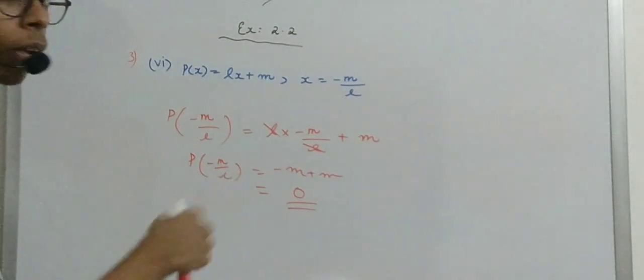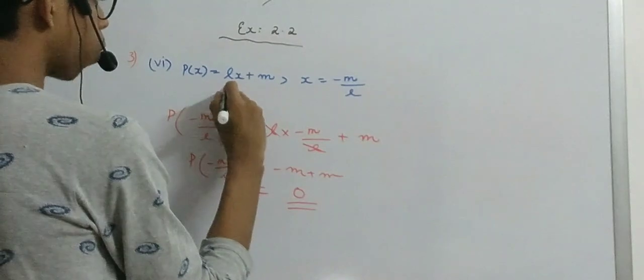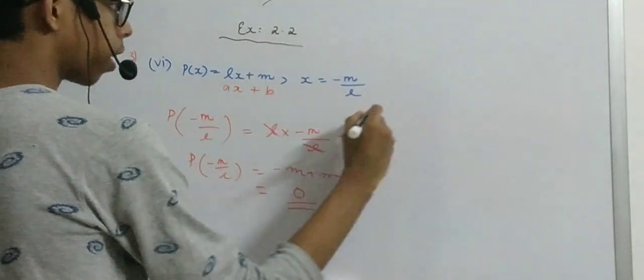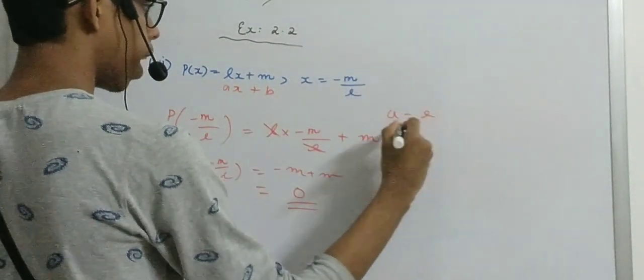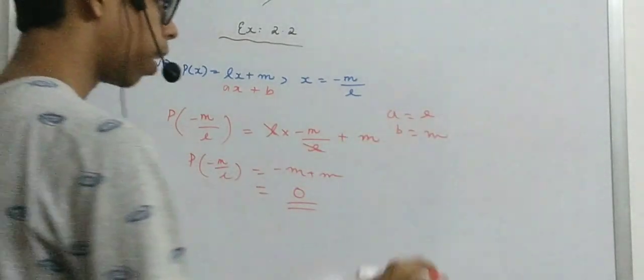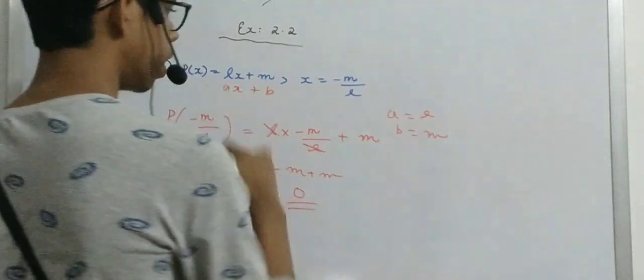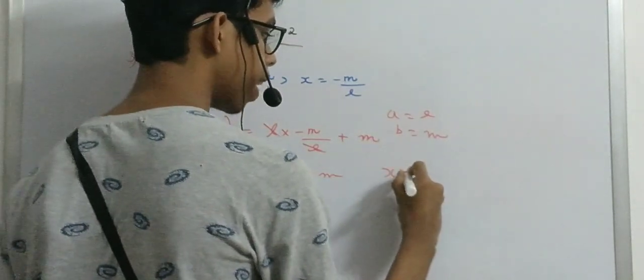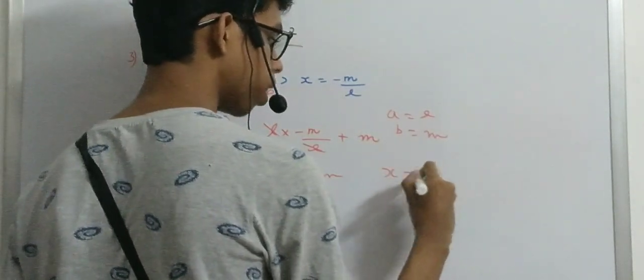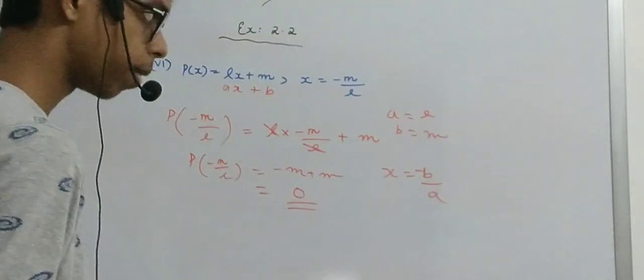Otherwise also you can do it. If you see, this is a linear polynomial of the form ax plus b. Here a is equal to l and b is equal to m. I have told you the formula. What is the formula to find the 0 of the polynomial if it is a linear polynomial? The 0 of the polynomial is equal to minus b by a.